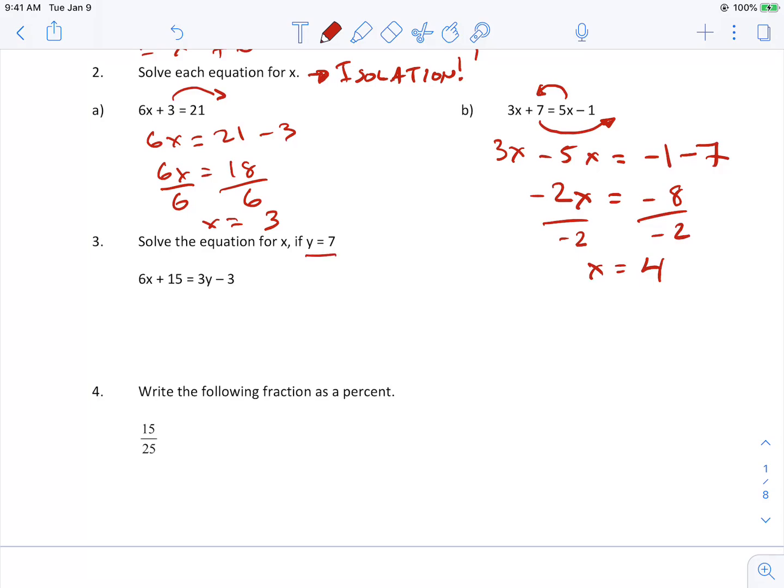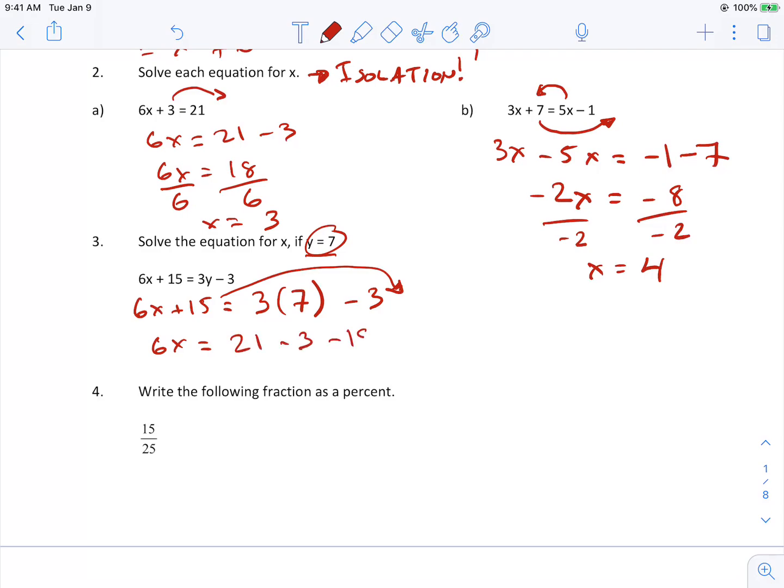Okay, here it tells us y equals 7, so this is going to be beautiful. We have 6x plus 15 equals 3 times y, but y isn't y anymore, y is 7. So what we do is we put little brackets here to substitute our value in for y. 7 minus 3. Now we're going to do the same thing as we did last time. We're going to isolate, so we'll bring that 15 over and put it over here. So we have 6x equals 3 times 7 is 21, minus 3, and then this positive 15 became negative 15.